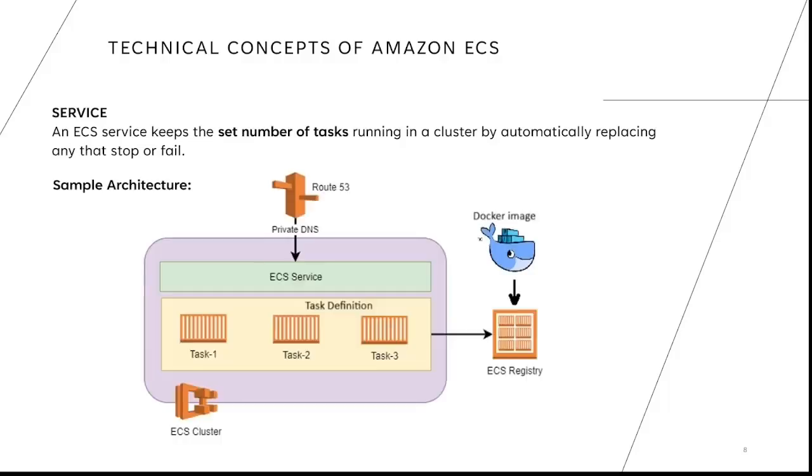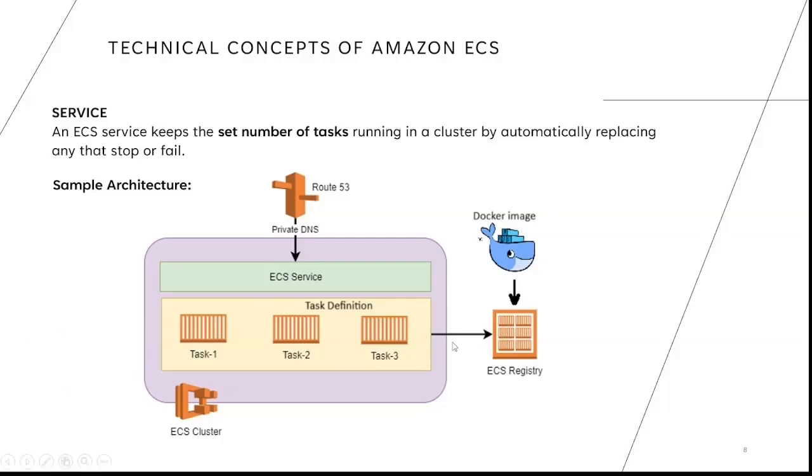So this is the picture of the technologies behind this and the components. As we discussed, it started with the Docker image, which then passes to the registry. The ECS registry is the one that manages all the versions of images or containers that we created.